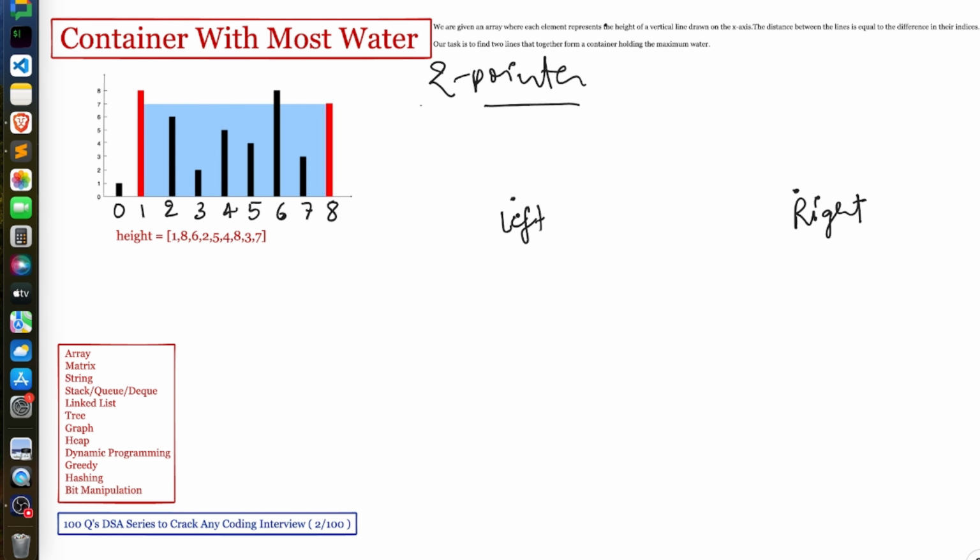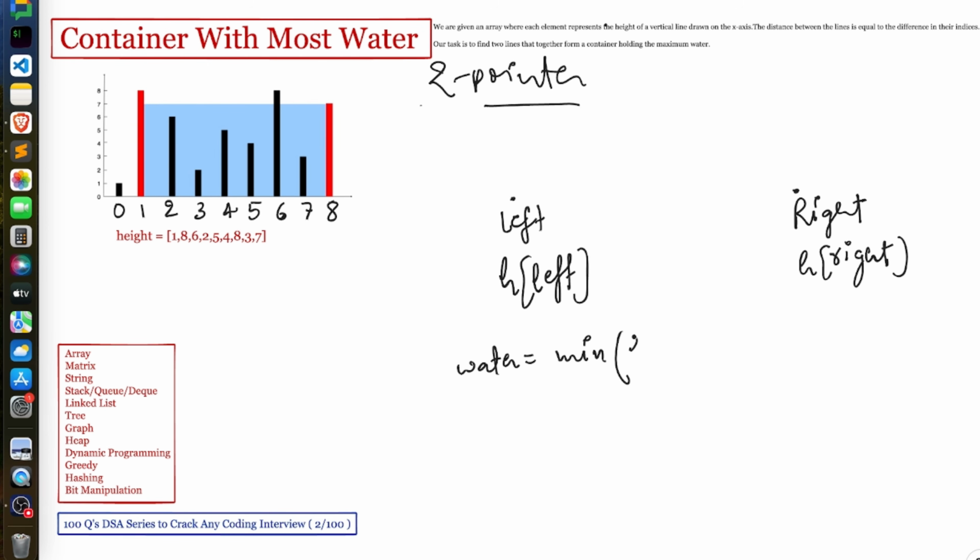So the height at the left index is h of left, and the height at the right index is h of right, right? We will first calculate the water content in between these two indices. The formula is going to be the same, no difference: minimum of height of left comma height of right.